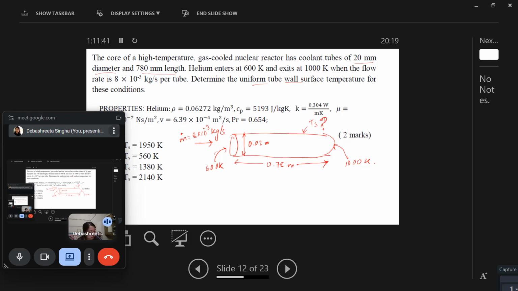So again we find out the Reynolds number. Reynolds number is calculated as 4m divided by pi d mu. So 4 into 8 into 10 to the power minus 3 divided by 3.14 into diameter 0.02 into mu. Mu is 382 into 10 to the power minus 7.